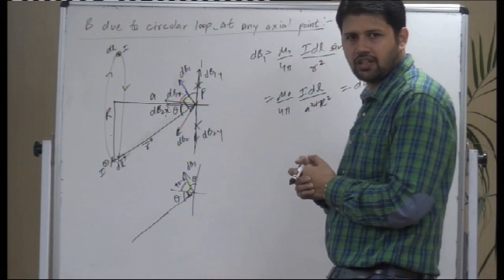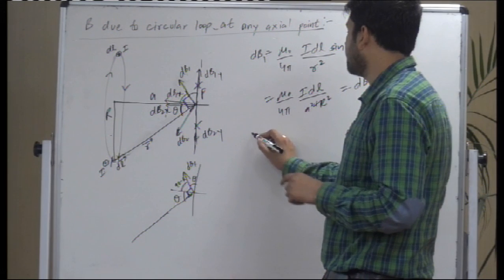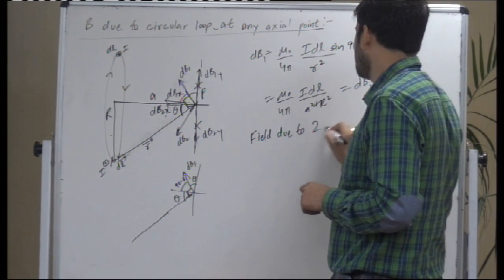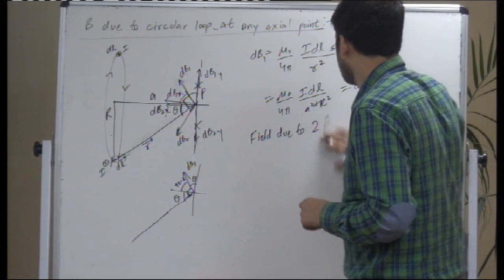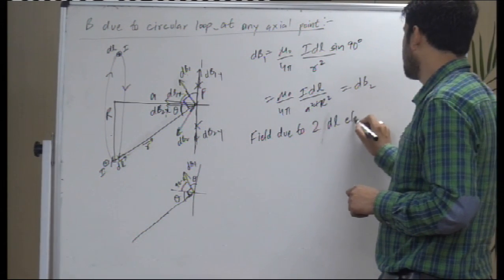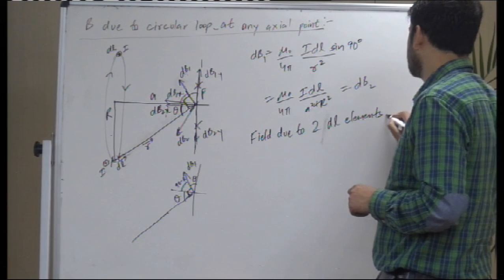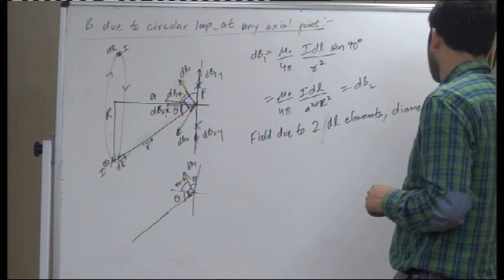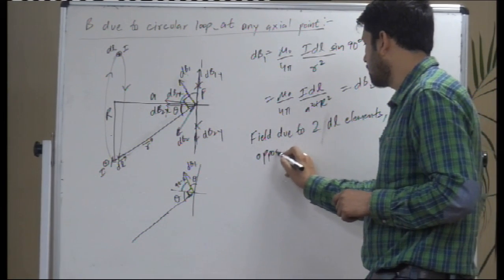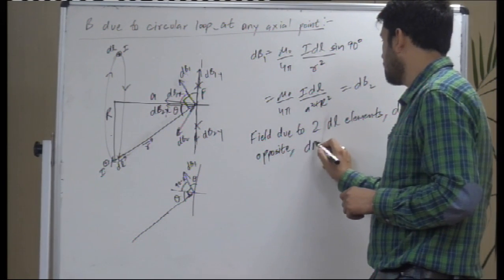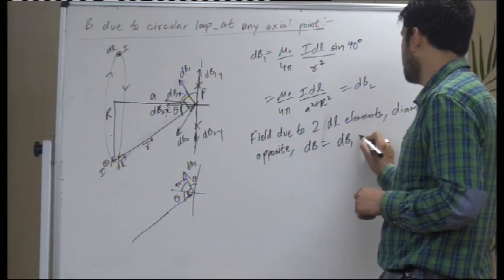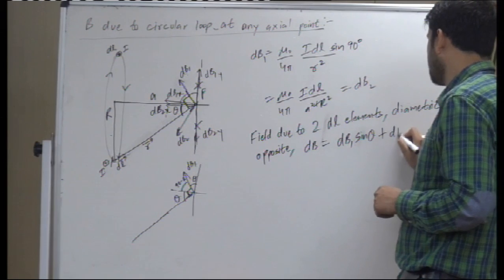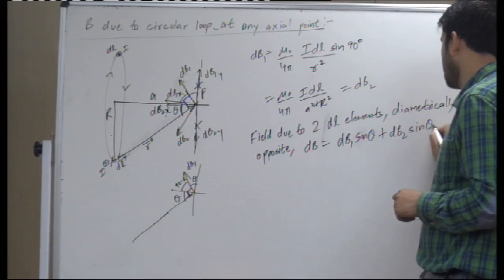Is it okay? So the field due to two dl elements diametrically opposite, dB is what? dB1 sin theta plus dB2 sin theta, which you already know.